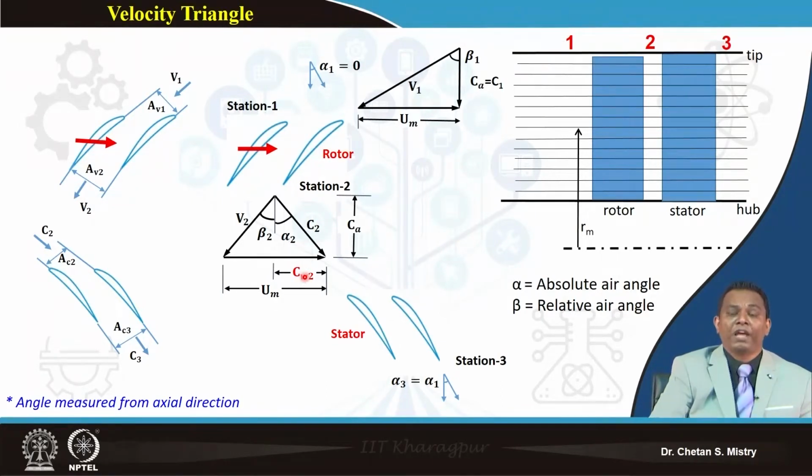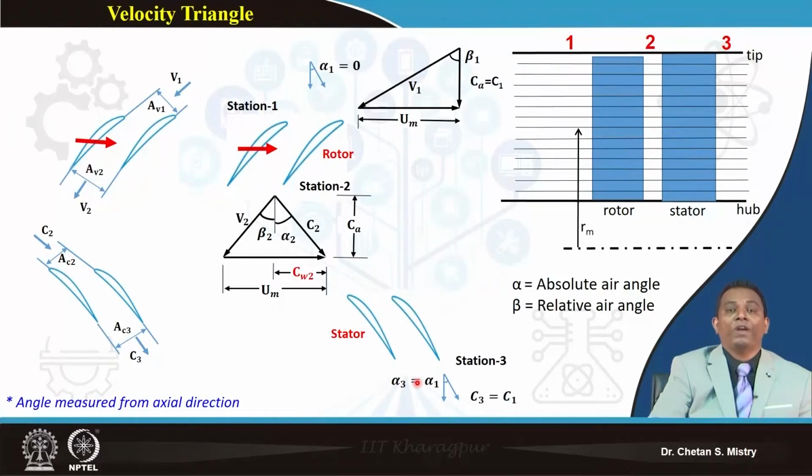If you recall, when I was discussing the TS diagram, I told you that when people do design, they assume the absolute velocity at the entry and the absolute velocity at the exit of the stage to be constant, or the same. This is for ease of making and ease of designing the components or stages.